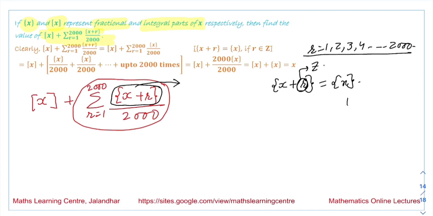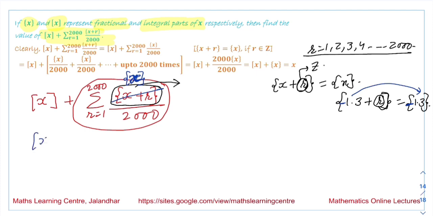It is clear to us. If we are talking about 1.3 plus any number r, and we are talking about the fractional part of this number, that is equal to the fractional part of 1.3. Suppose this number is minus 1.3, even then the answer will be the fractional part of minus 1.3. So in place of the fractional part of x plus r, we can write it as the fractional part of x.